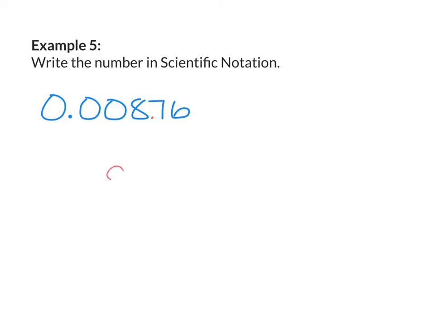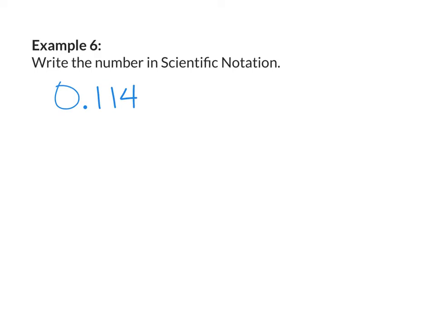So my answer is going to be 8.76 times 10 to a negative power. Now we have to see how many jumps we have to make. 1, 2, 3. So my exponent is going to be negative 3. So in scientific notation, my answer is 8.76 times 10 to the negative 3.